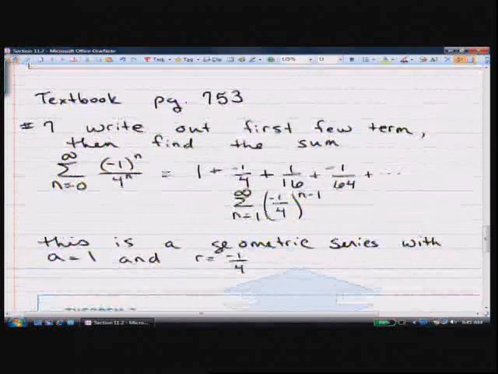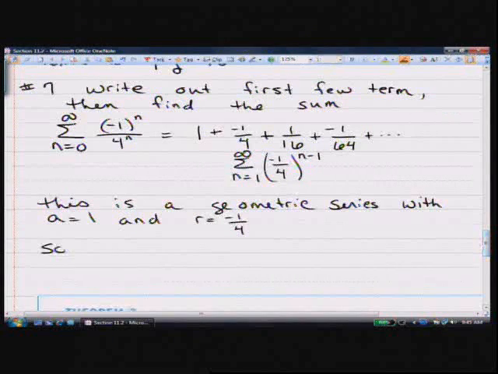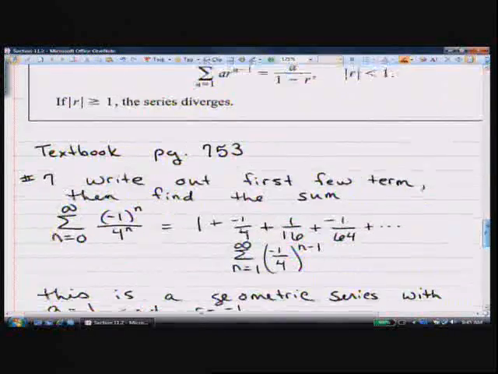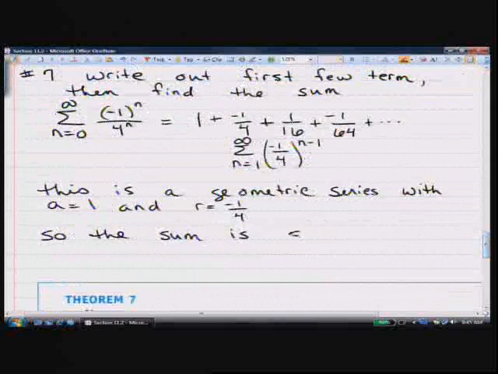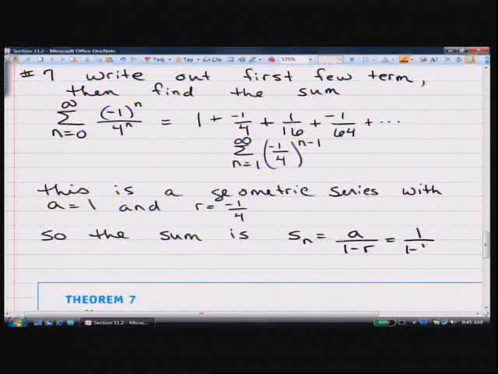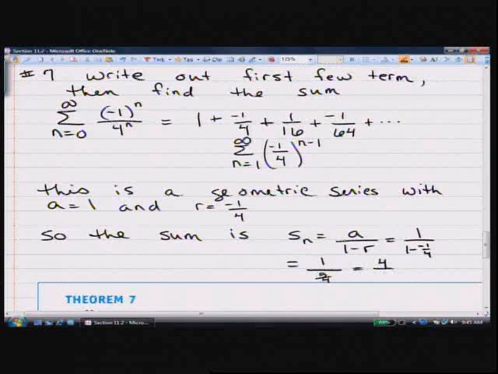So the sum is a over 1 minus r, which is 1 over 1 minus negative 1/4, or 1 over, this is 4/4, so that'll be 5/4, or 4/5 is your sum.